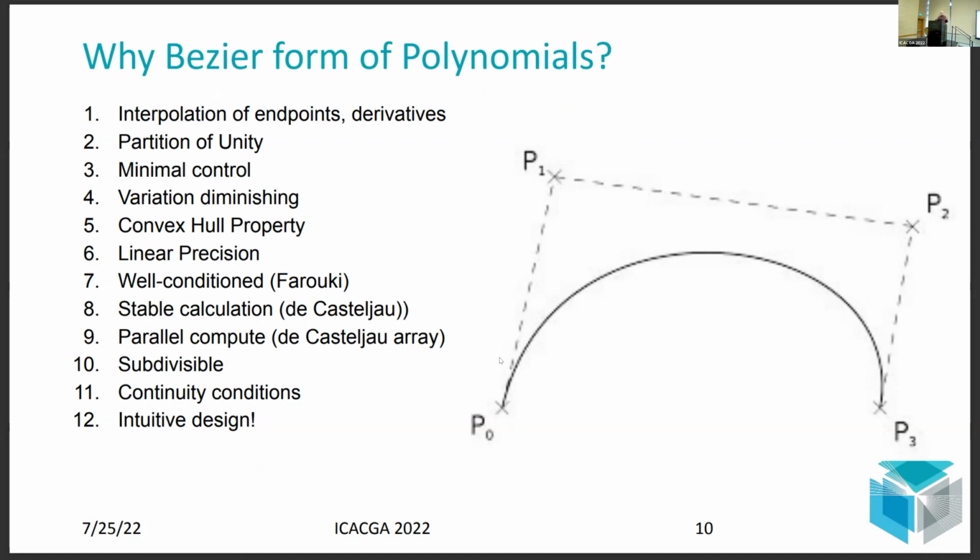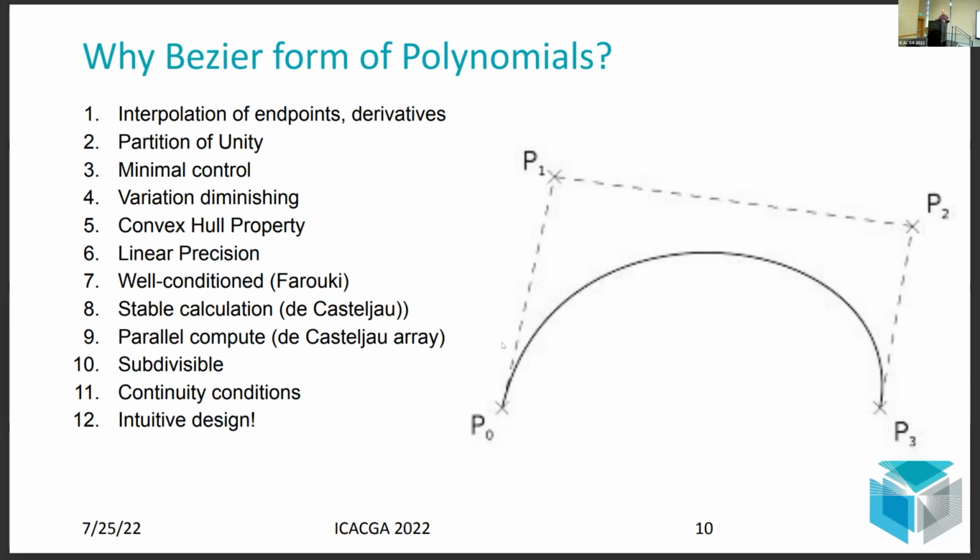And a lot of these were proved well after Bezier. Farouki later showed that if I convert any Bezier Bernstein form algorithm to a matrix operation, it's well conditioned. It's the best conditioned of all of the polynomial bases I can have out there as a matrix operation. De Casteljau already showed that it was the most stable.